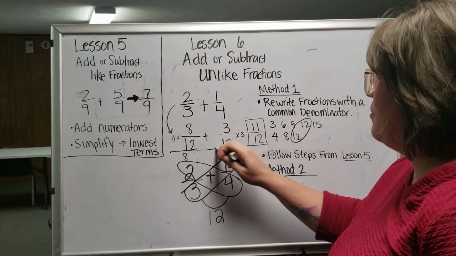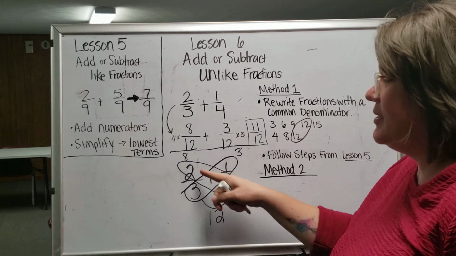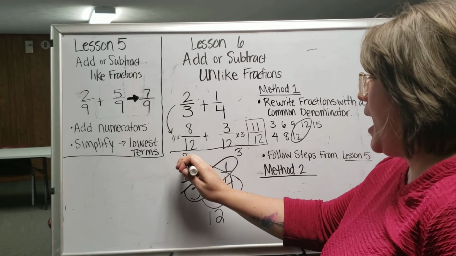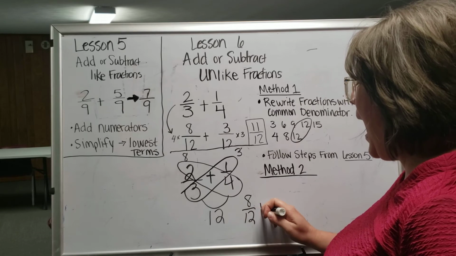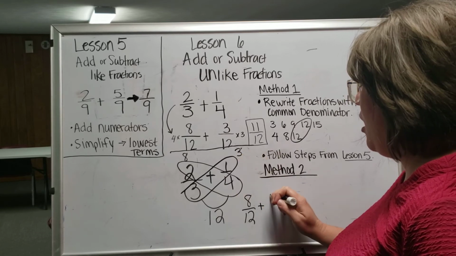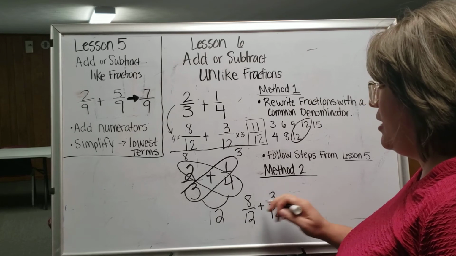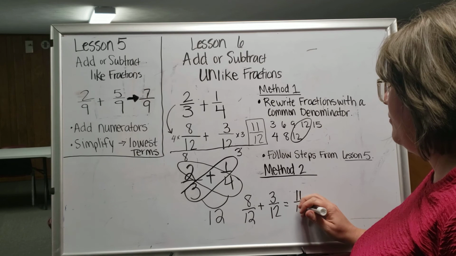And already you can probably see some resemblances of what we have up here, okay? This gives us our 2 new fractions. So 8 over 12 added to 3 over 12. Okay? And then you can add or subtract like you would normally do.